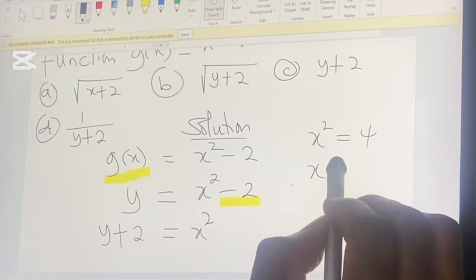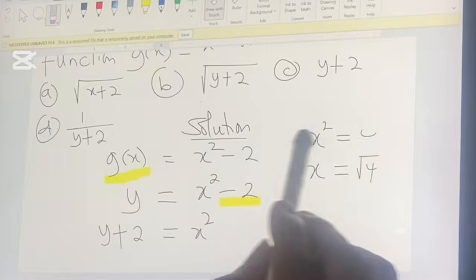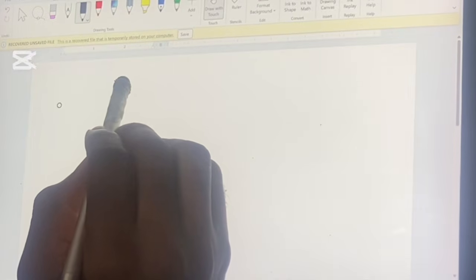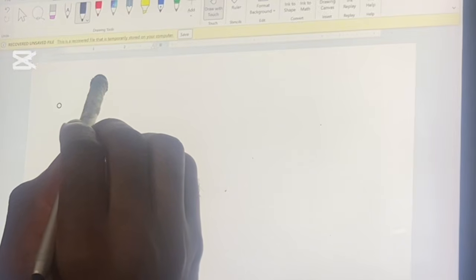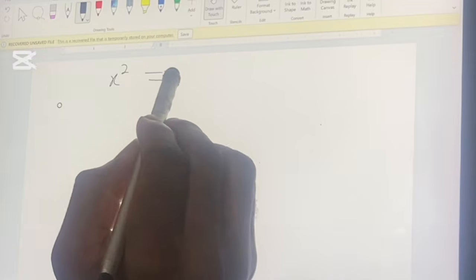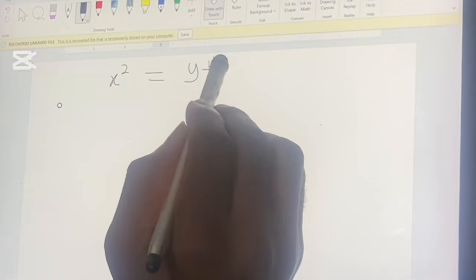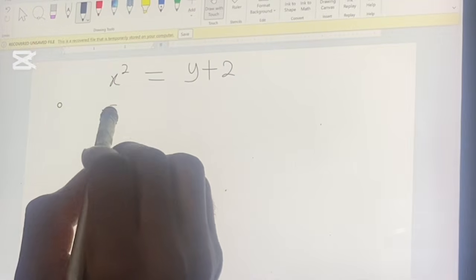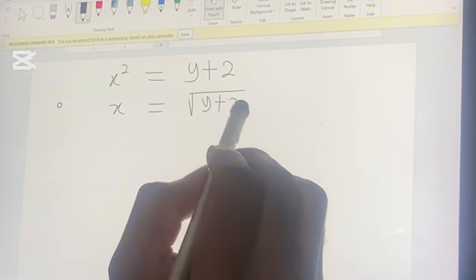I will have s is equal to square root of 4. Am I correct? So do the same thing here, class. Remember that y plus 2 equal to s squared can also be written as s squared is equal to y plus 2. So make s the subject. s will be equal to square root of y plus 2.